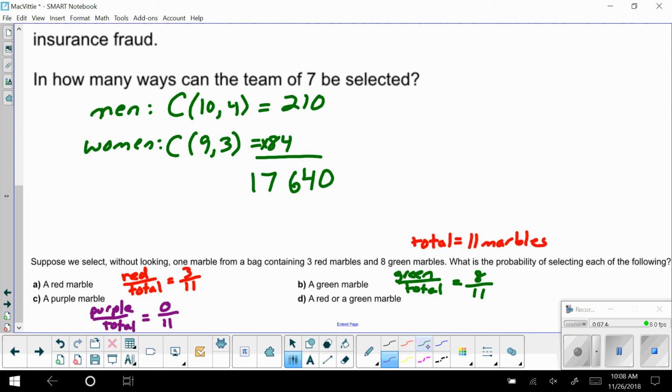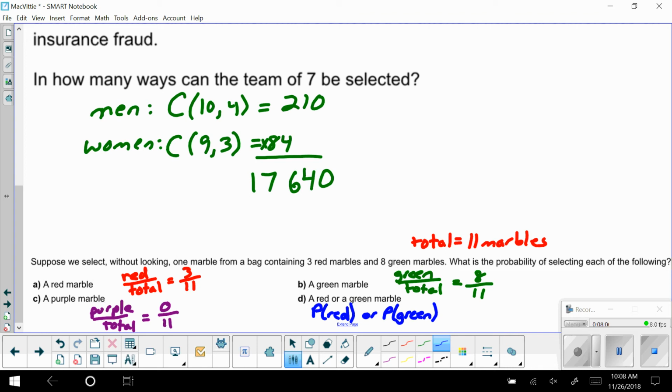Then we have the case of what if we're asked the probability of a red or a green. There are 2 ways of looking at it. The more mathematical way is, well, that means I want the probability of a red or probability of a green. And those are mutually exclusive or independent events. I can't have something that could be both.